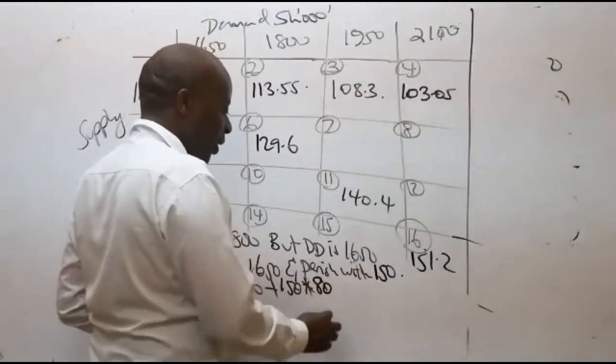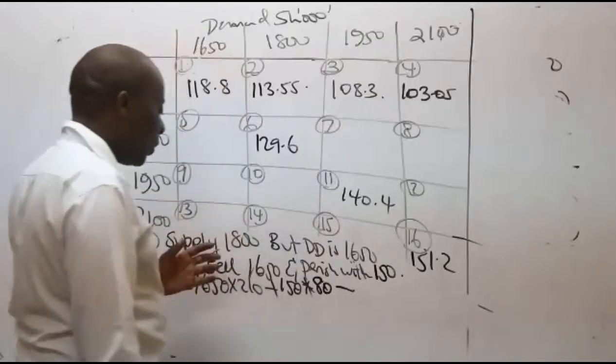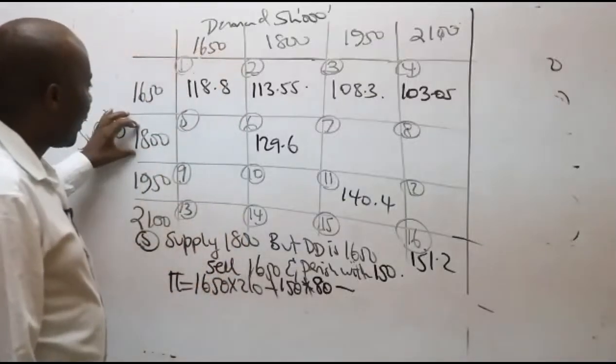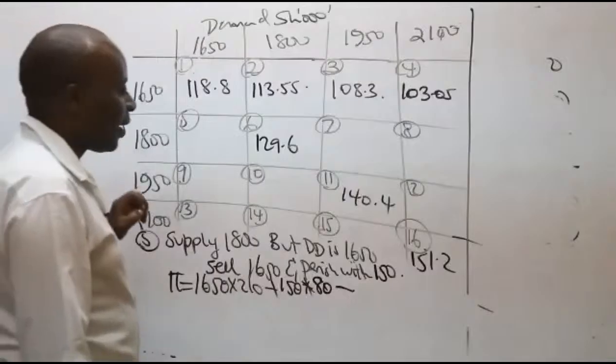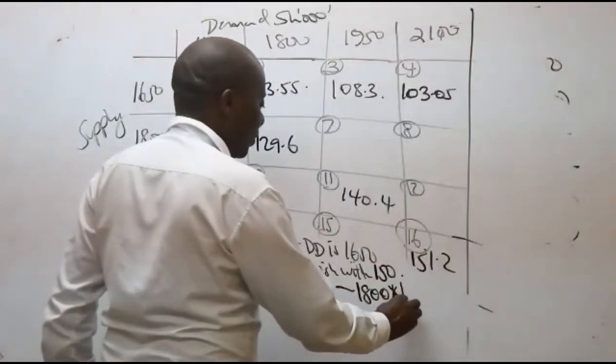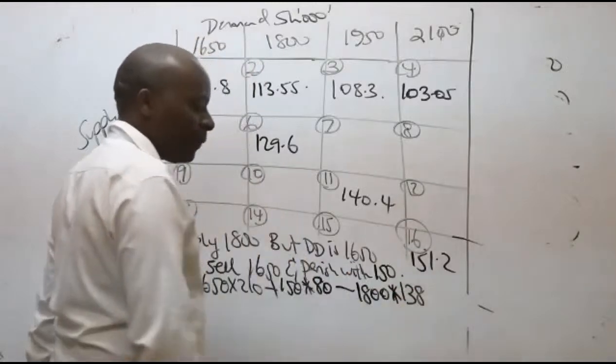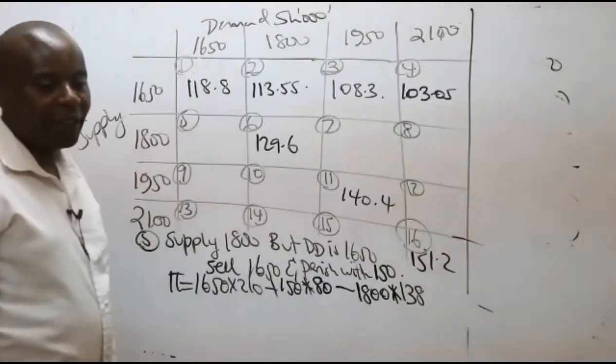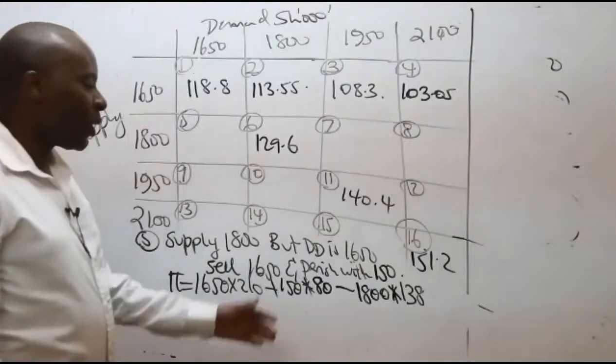So that is revenue. Minus cost, of course, I will incur cost for the entire supply, which is 1800 times 138. So could you kindly give me this answer?